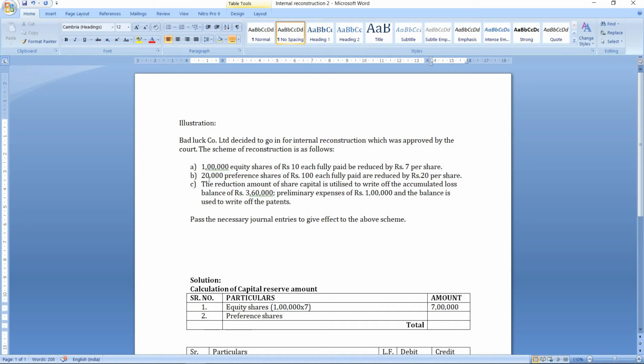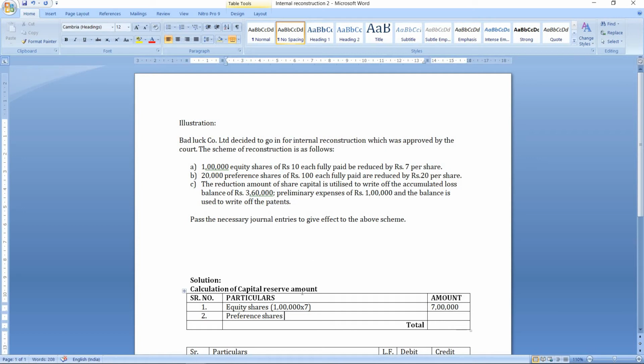Then from preference shares, 20,000 preference shares of rupees 100 each fully paid are reduced by rupees 20 per share. The actual face value of shares is 100. Now they are to be reduced by rupees 20 per share. So the amount reduced is 20.